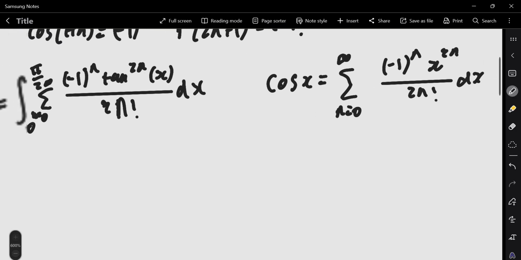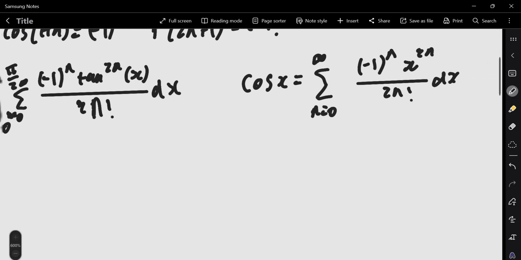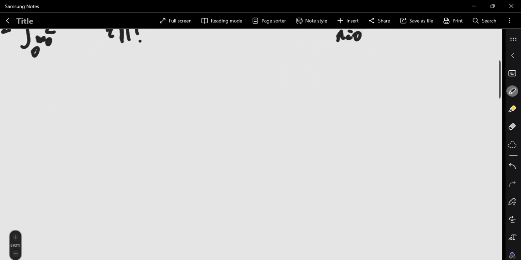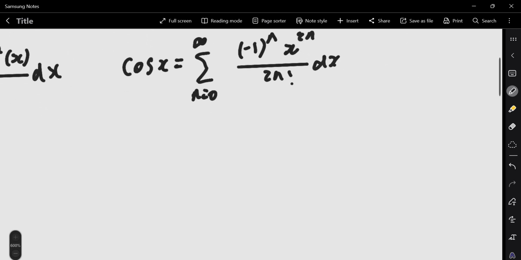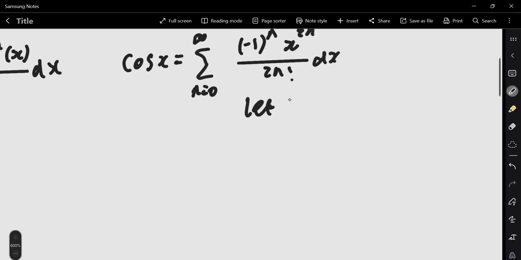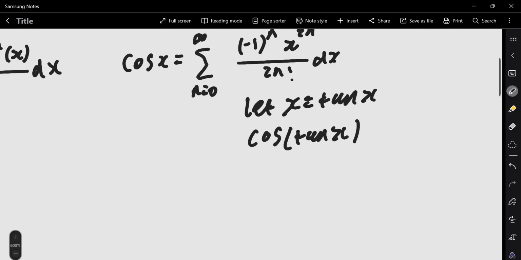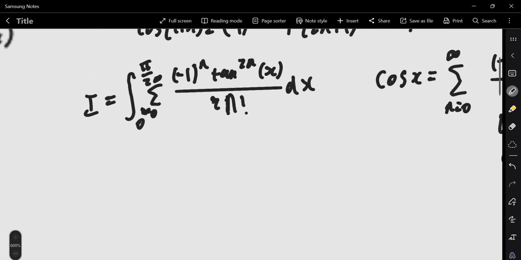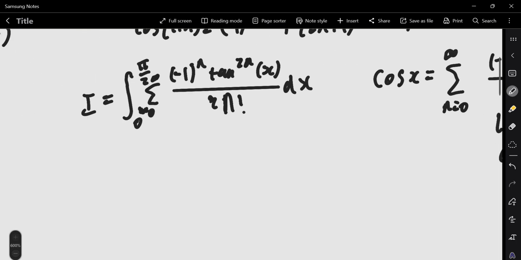So look, they're very similar. All we're out by is this factor of tan. So we're going to say let x equal tan x. So this is going to be cosine of tan x. So that's our sum that we have up here, right?